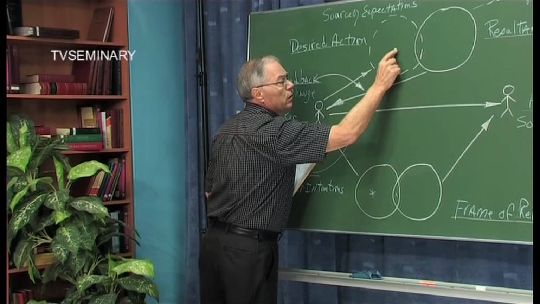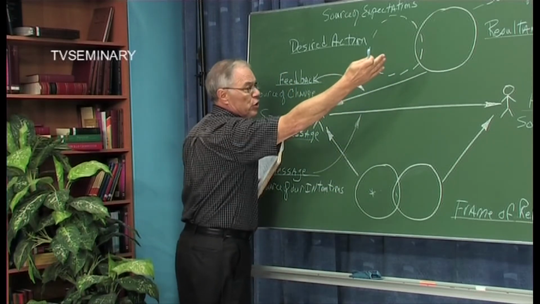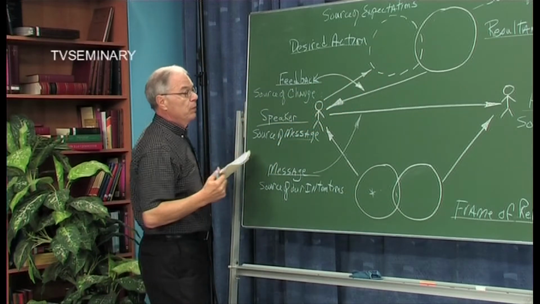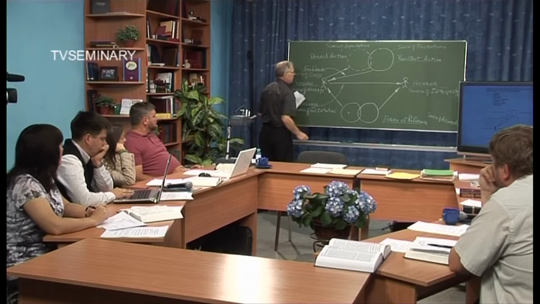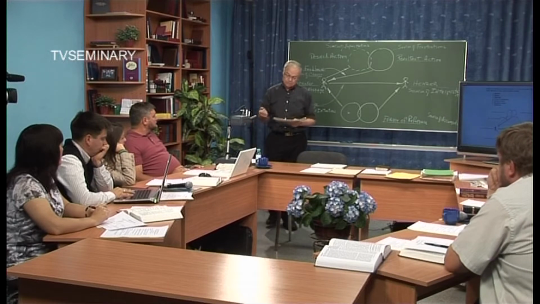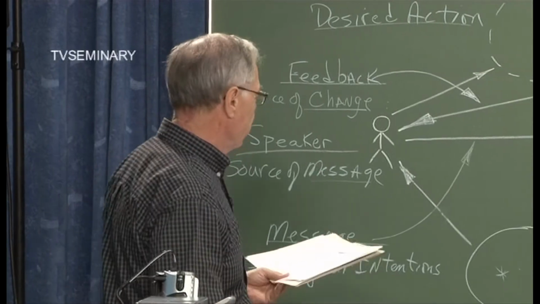But when the two are quite different, then we have frustration because what happened wasn't what we were expecting. And that frustration comes back to us, and it's either the source of change or sometimes it could also be the source of resistance. We'll talk about that a little bit more later on.